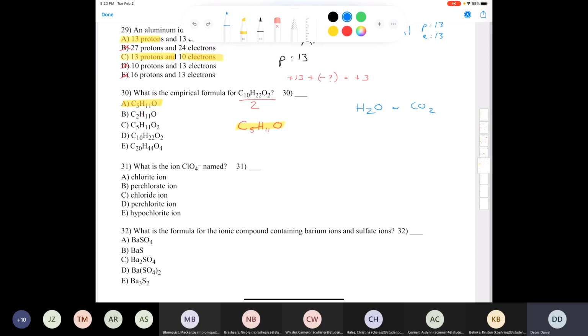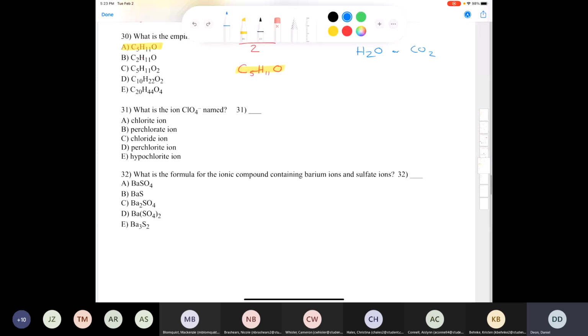All right, the next question is purely a memorization question. You're asked to memorize the polyatomic ions, and this is a polyatomic ion here, ClO4 minus. You need to know ClO4 minus, ClO3 minus, ClO2 minus, and ClO minus.